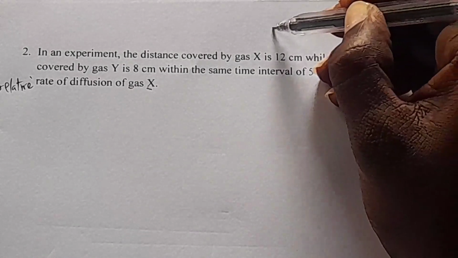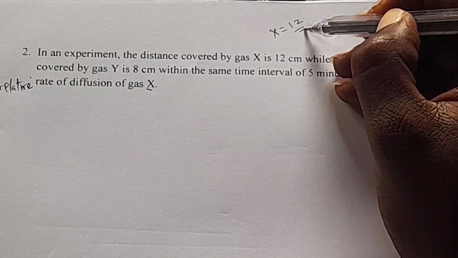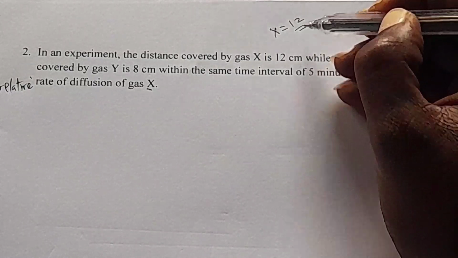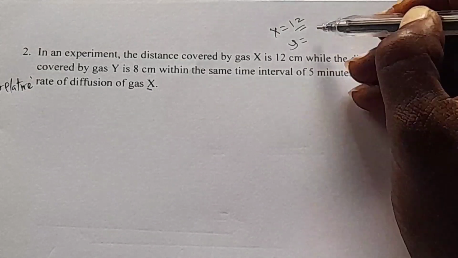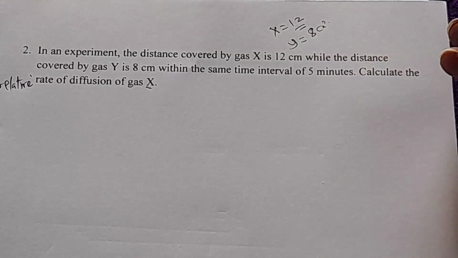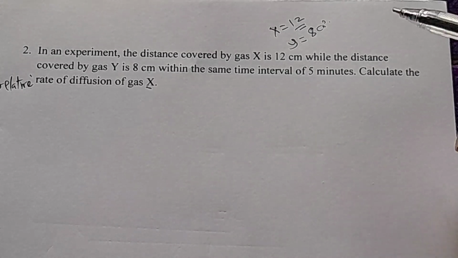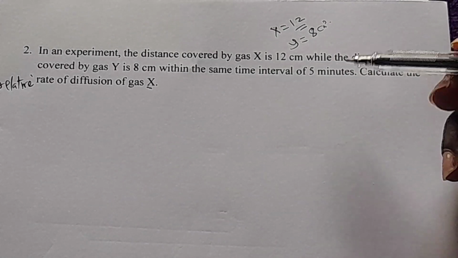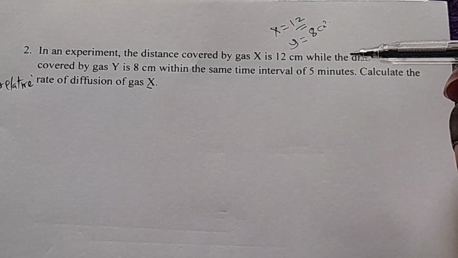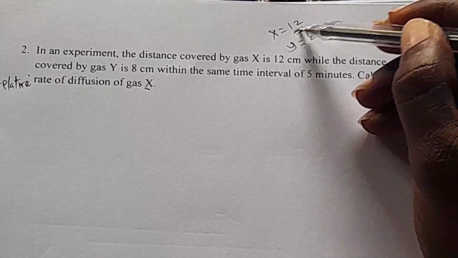The first one, X, is covering 12 centimeter in 5 minutes. The time is equal. But gas Y is taking 8 centimeter. To see which one has a higher rate of diffusion, it will be the one covering a higher distance.